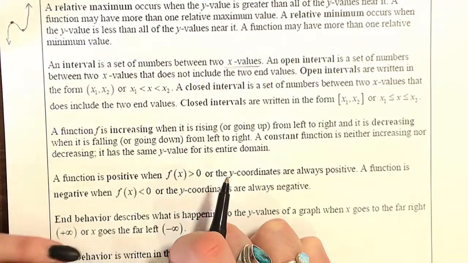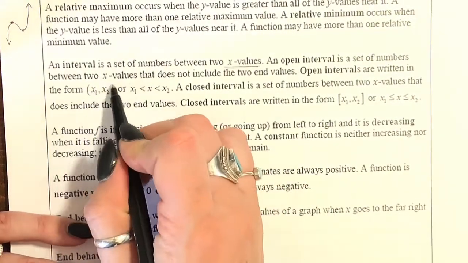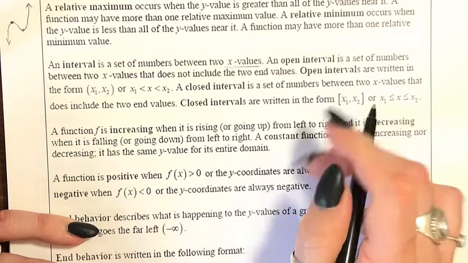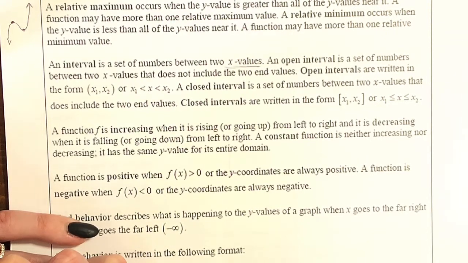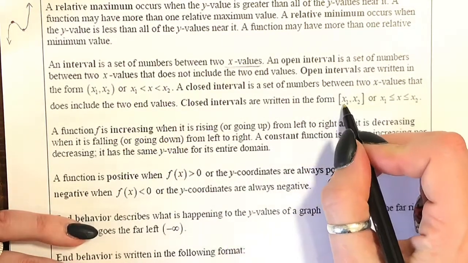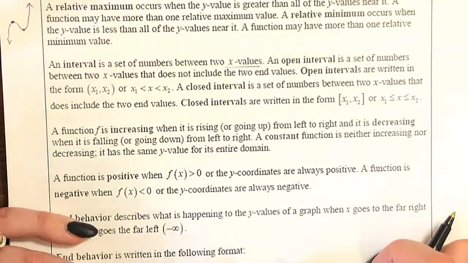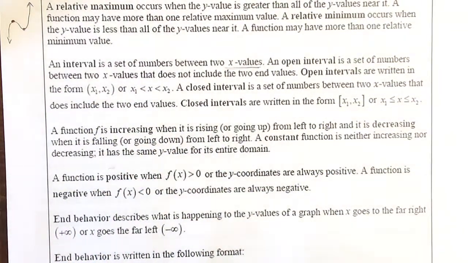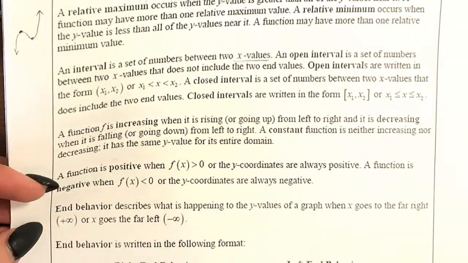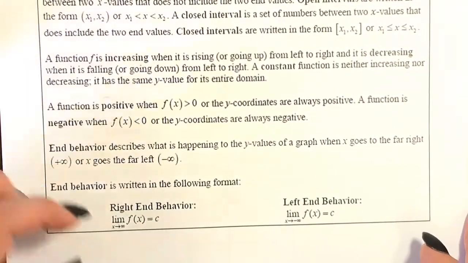We also talked about when to use parentheses versus brackets in interval notation. Open intervals use parentheses, which means that you can't actually touch the value. And then closed intervals use brackets. Most of the time you'll run into open intervals, and every once in a while you'll get those closed brackets as well. So we're going to be using that interval notation, looking at the next two characteristics.